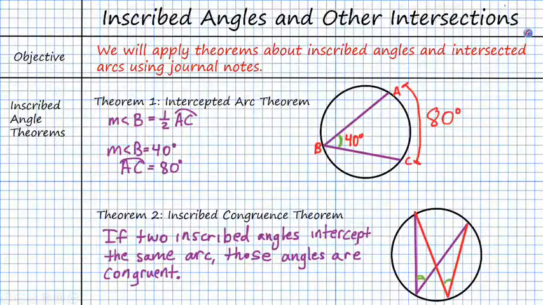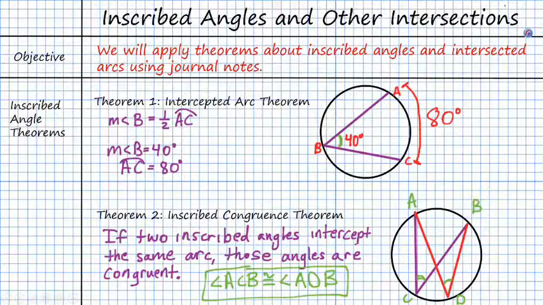We can call this ABCD. We can make a congruency statement such that angle ACB is congruent to angle ADB. That's our congruency statement.